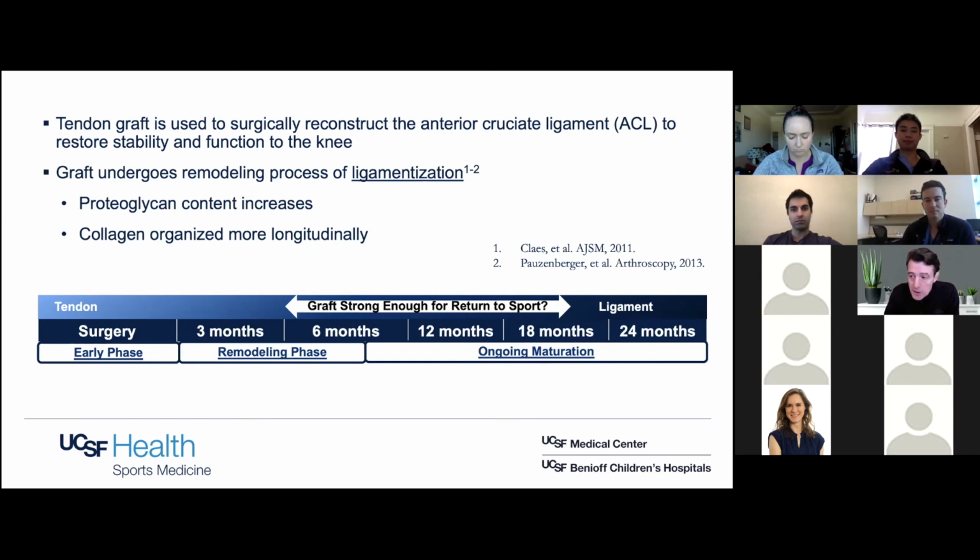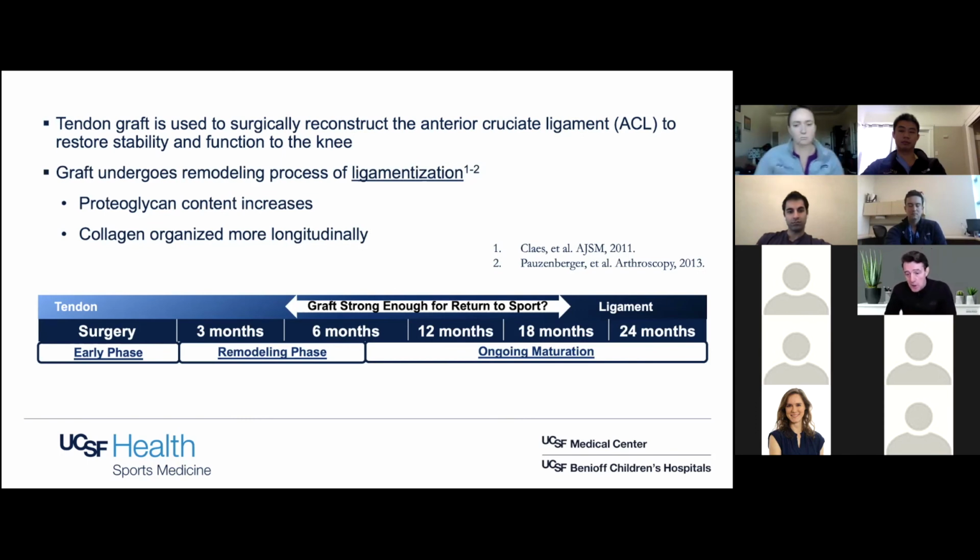Now, I'm on the longer side. I think some of the other surgeons you work with at the OI are going to be a little bit more aggressive. But remember that graft maturation takes a long time, though we're probably very comfortable letting our patients go back at about 9 months. It's still a little bit in the remodeling phase, but it's probably okay at that point in time.